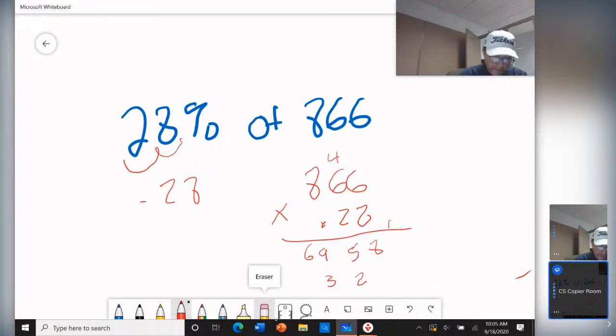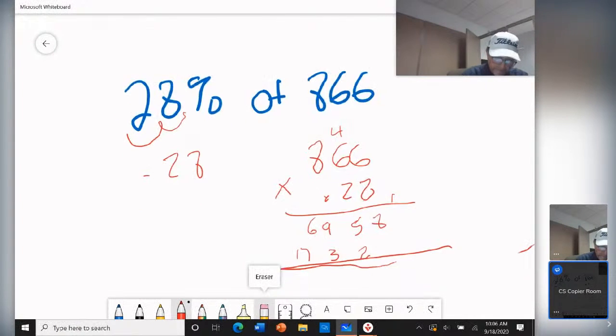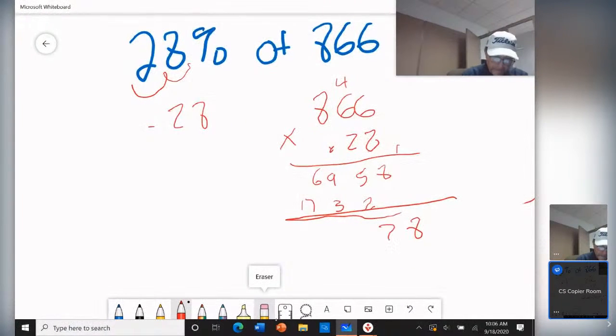Plus 1 is 13. Carry the 1. 242.78. Okay. So really, it's just a straight multiplication problem with decimals.